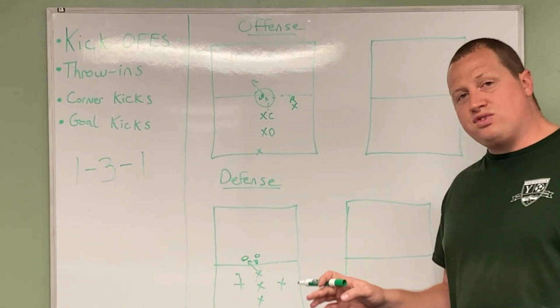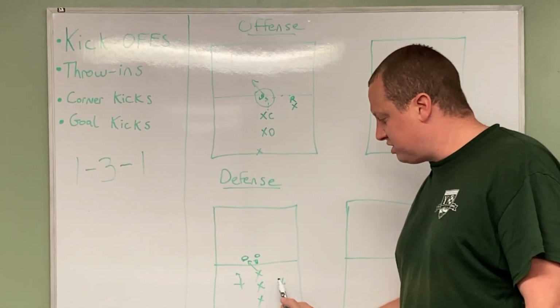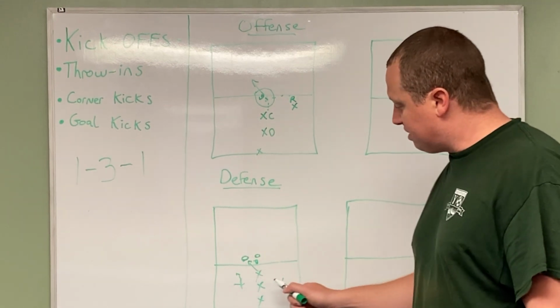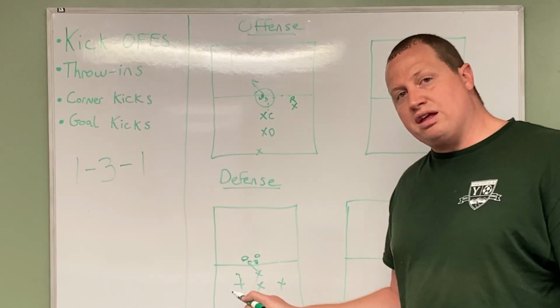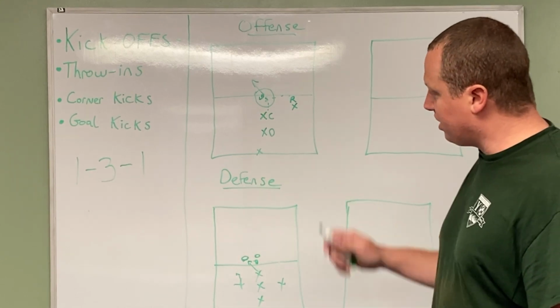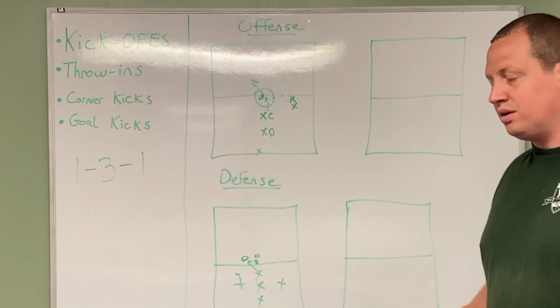But what I really need to see is the other players giving some trust in the players in front of them. So the center mid, if he sees the striker up there on the ball, him or her's watching their back, okay? But I think kickoffs shouldn't be very hard for us. I think that's probably the simplest thing we'll go over.